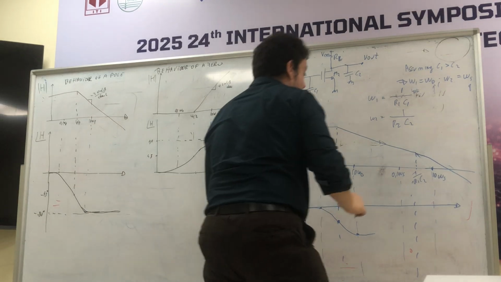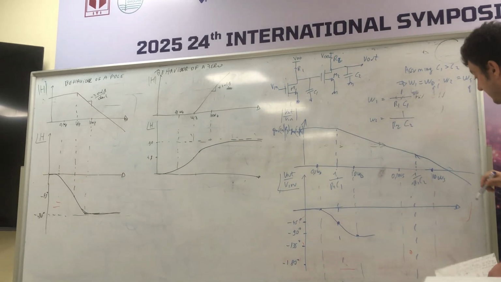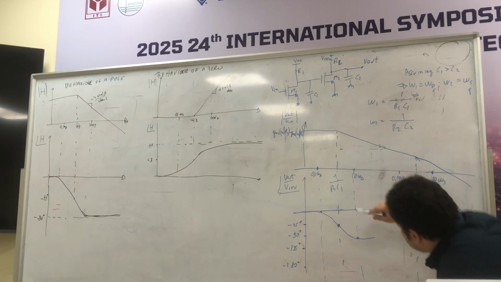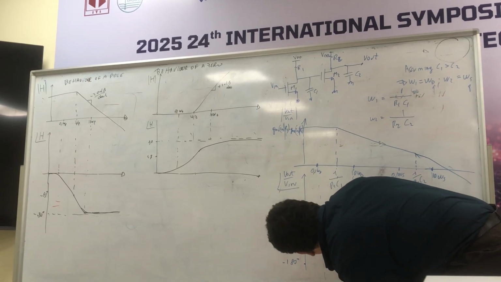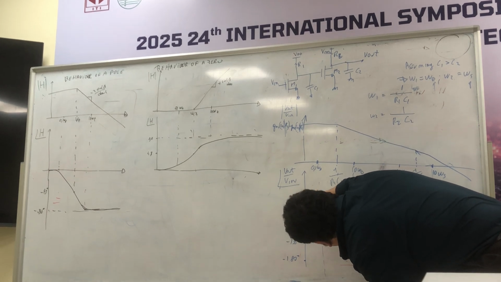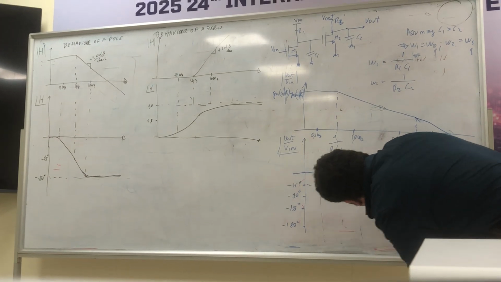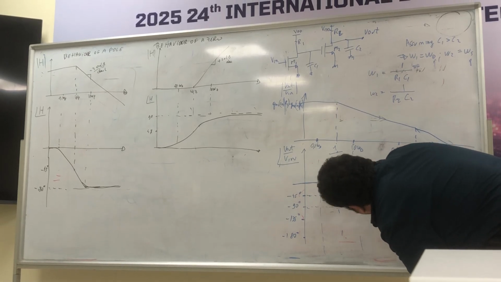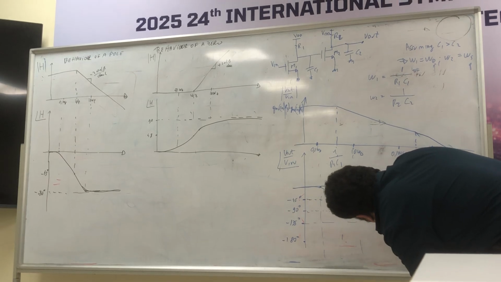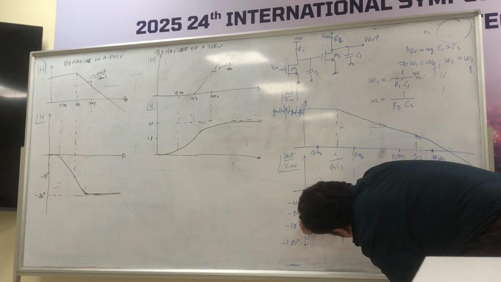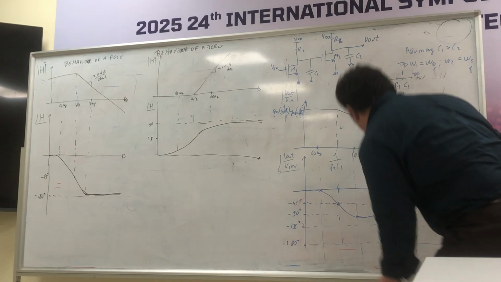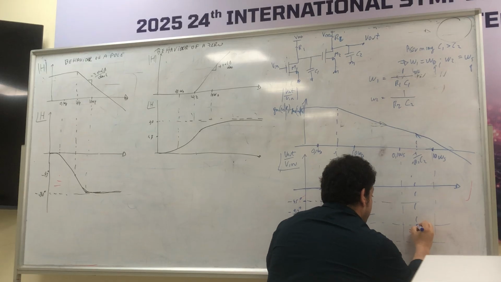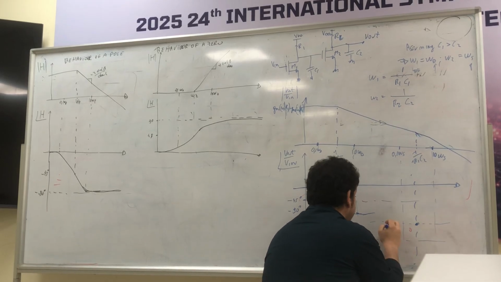Then what do I have? At the second pole, something similar happens. Second pole, I have a further shifting of 45. A minus 45, this pole has effect, and actually its slope starts to decrease.